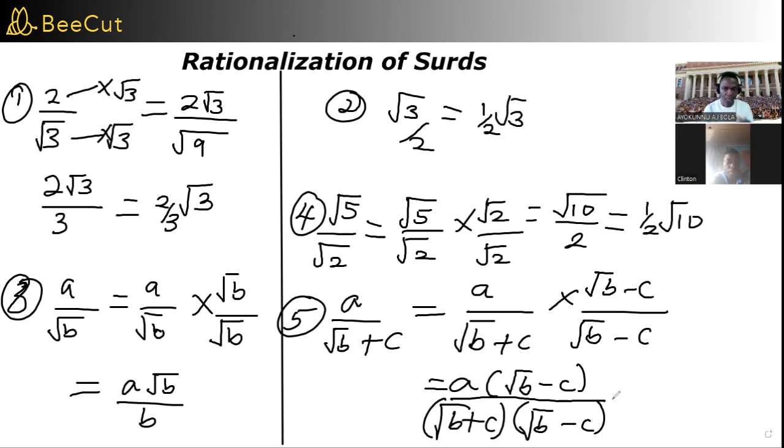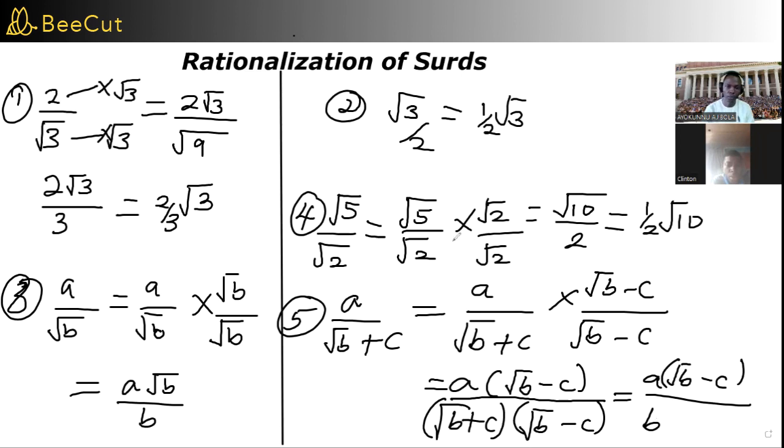When you have this, what is at the bottom is the expression called the difference of two squares: the first plus the second times the first minus the second.